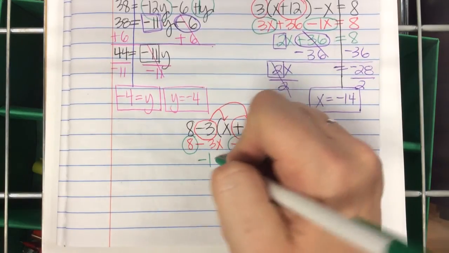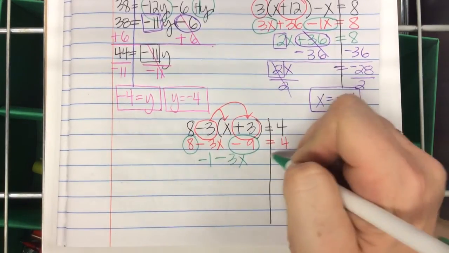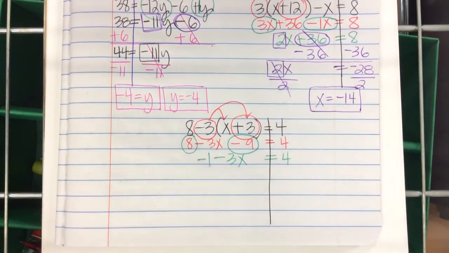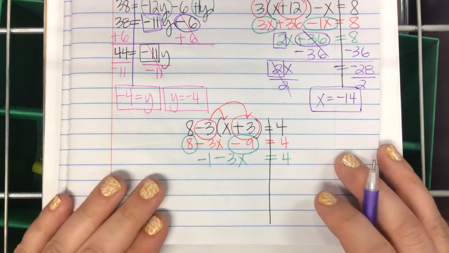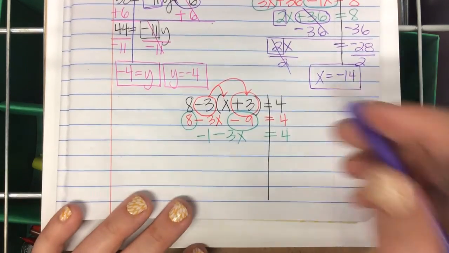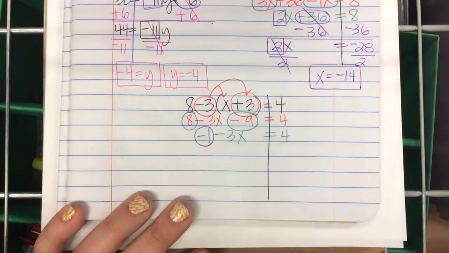Just comes on down, right? Equals 4. What gets circled? Everybody, what gets circled? Negative 1. What gets a box?